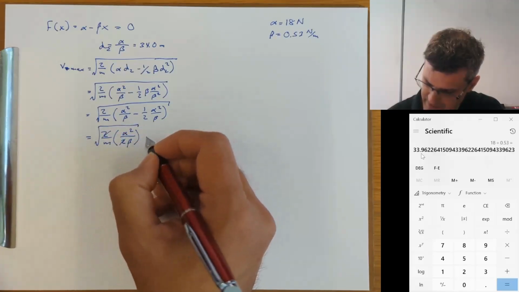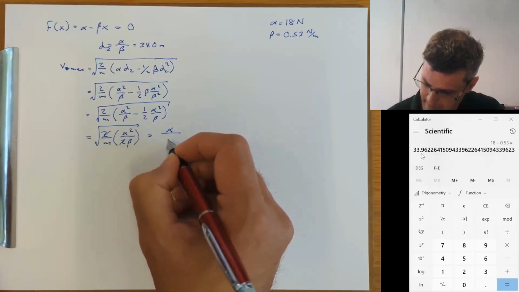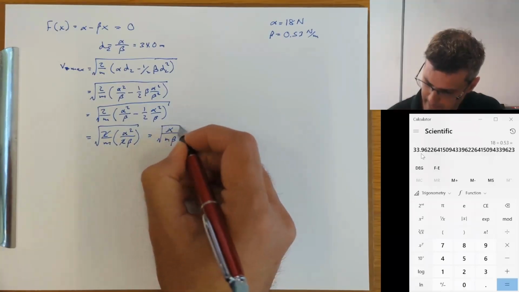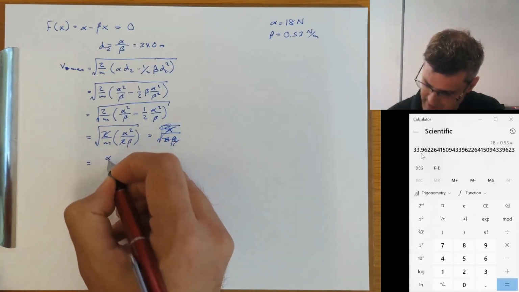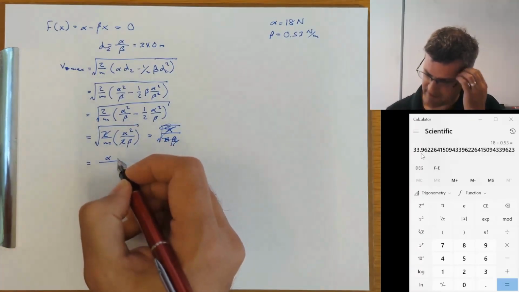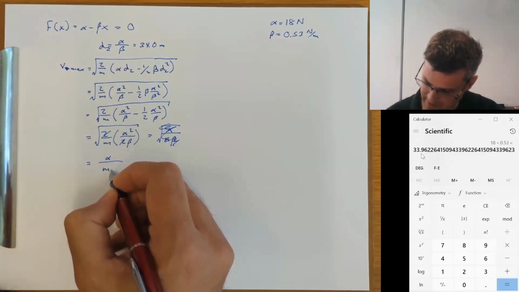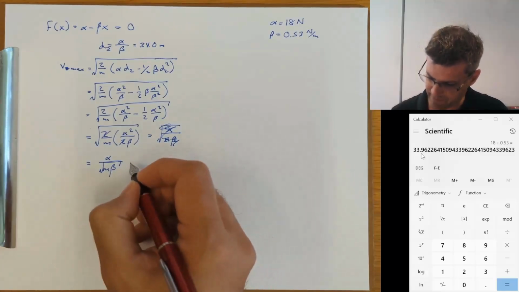Two cancels with 2. Sorry. Got to keep track. So the alpha can actually be on top. And here I've got mass times beta under a square root, right?